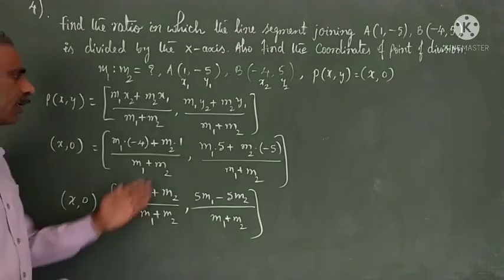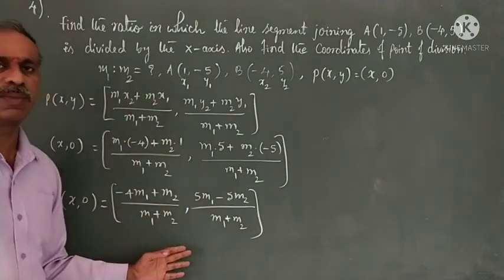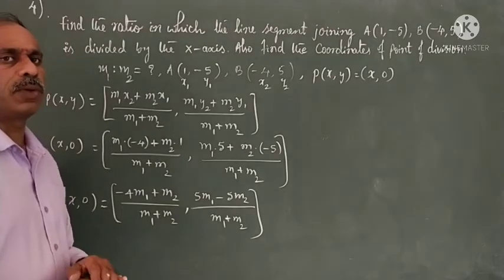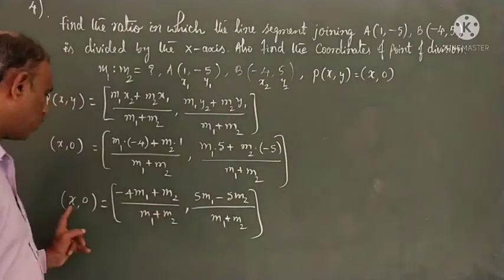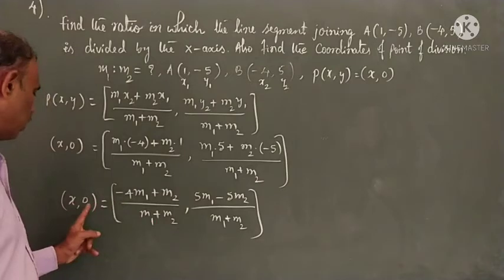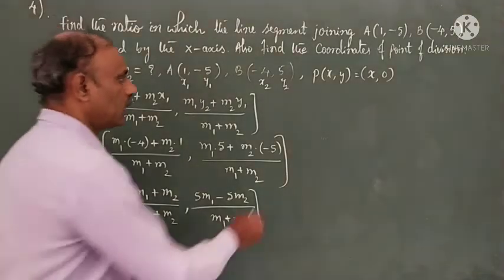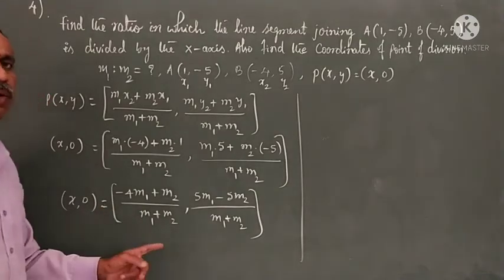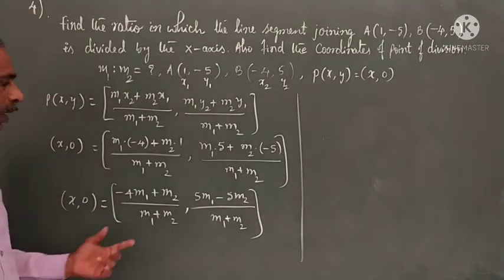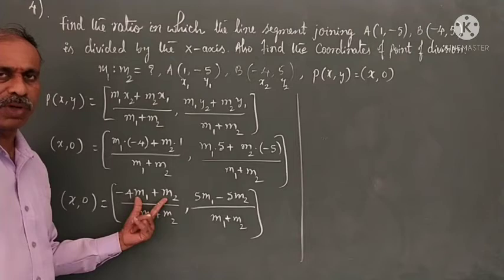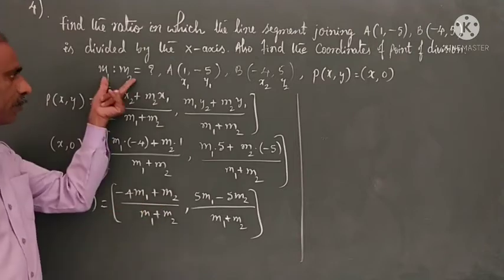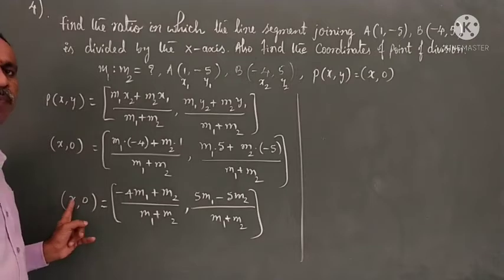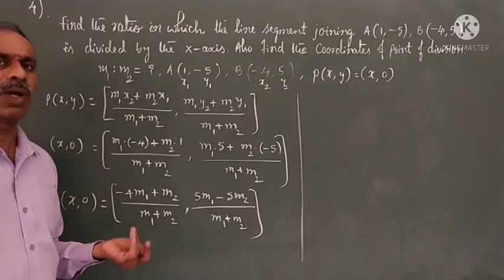Here it is very similar to the previous problem. In the previous problem, I told you we can compare x coordinates or y coordinates. Here it is a little different. Suppose I compare the x coordinates: the unknown terms are m1 and m2, which is what we need to find, and in addition there is one more unknown, x0. You can't find anything.